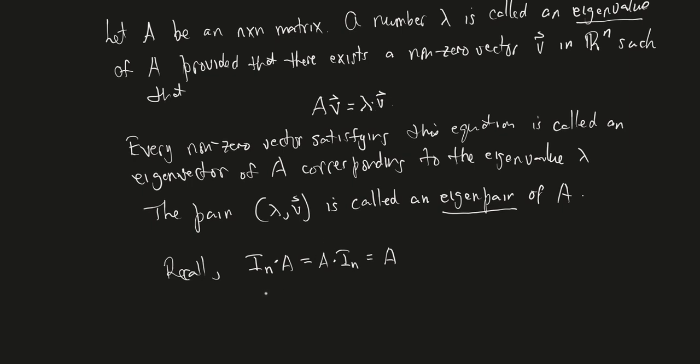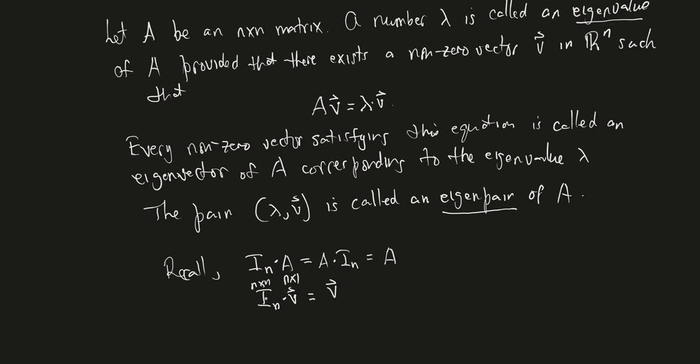If I put the identity matrix, which is n by n, in front of my vector v, an n by 1 column, then this product is also an n by 1 column, and in fact it has to be v.